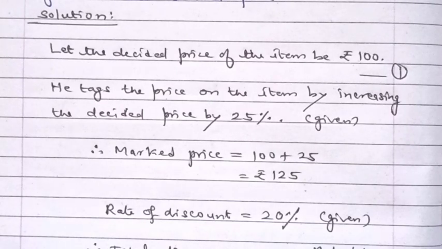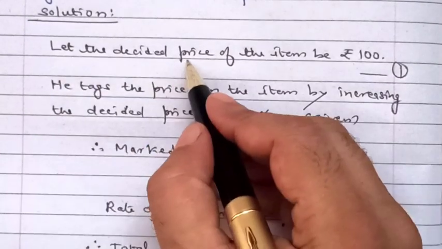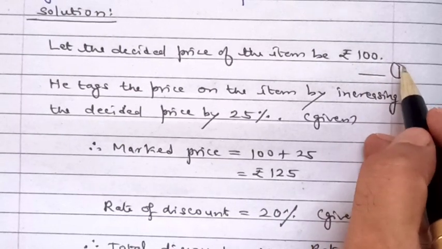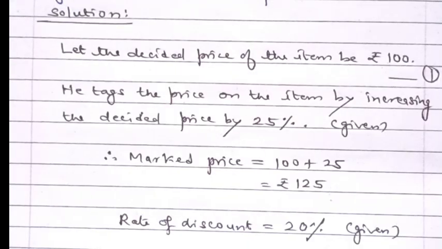Here we don't know the decided price, so we'll assume the decided price is rupees 100. So write, let the decided price of the item be rupees 100. Mark it as a 1. So he decides the price of the item as a 1 value.